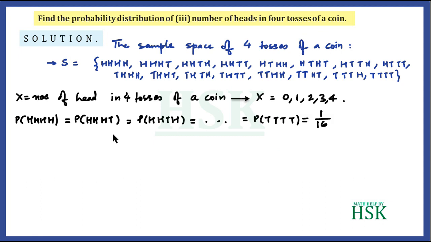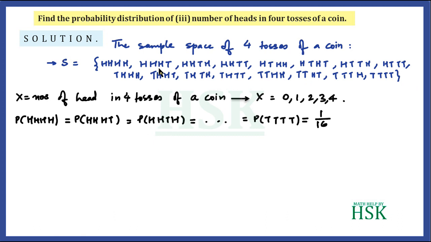Okay, and it should be noted further here that the probability of a particular outcome, that is, if we are going to talk about the probability that all the 4 times head are obtained, or the probability that the first 3 times head are obtained and then the 4th time tail is obtained, it is a particular outcome of the sample space, or it is a sample point. So probability of a sample point in this case would be equal to 1 by 16, because there are 16 outcomes and only one particular outcome would be there whose probability is being calculated.